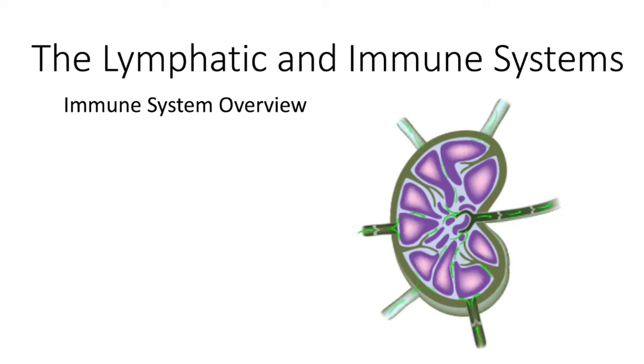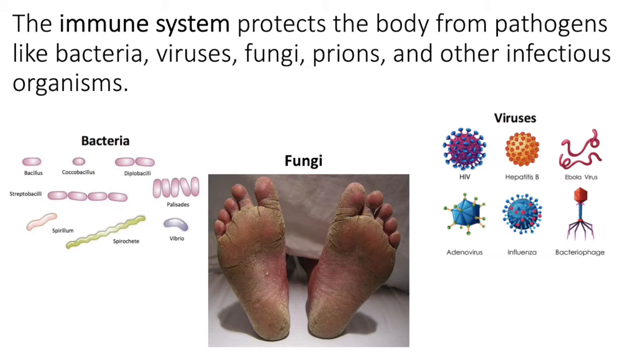There are proteins and other molecules that all work together to protect you from pathogens. Now, pathogens are infectious organisms like bacteria, viruses, fungi, prions, nematodes. And you will explore the different pathogens in microbiology.